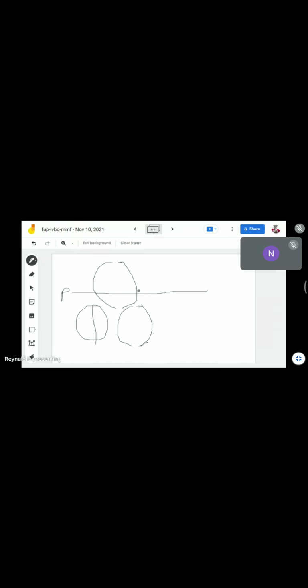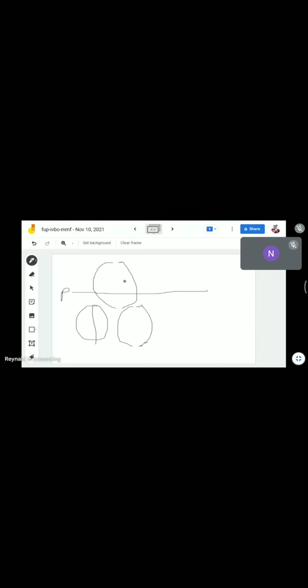They both have the same principal axis, the straight line. So the line drawn passing through the vertex and the center of curvature is called principal axis. So this one is the principal axis, the line passing through the center of curvature and vertex.